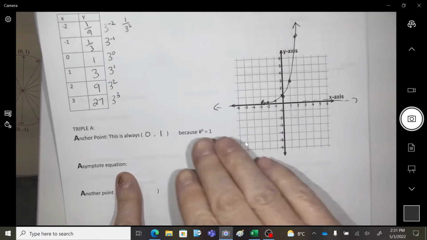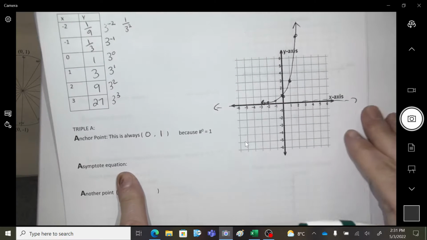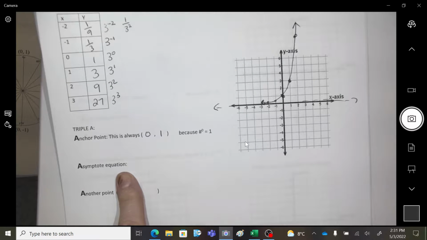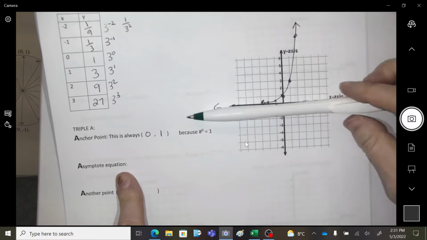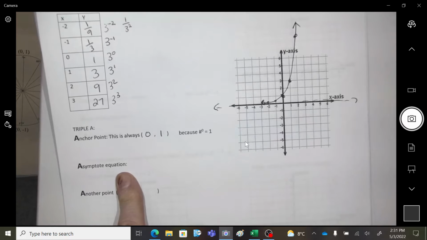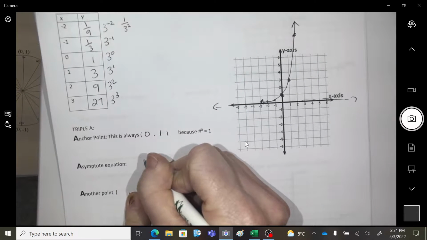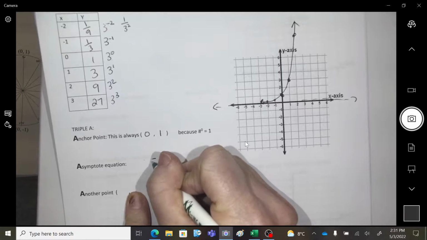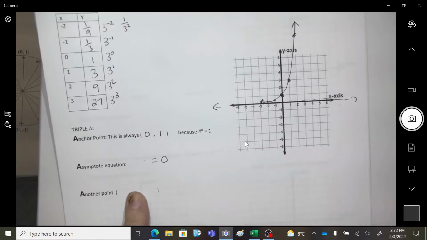Your asymptote, how do we actually write the equation of that flat line? What's the equation of this flat line right here? I'll give you 2 multiple choice questions. Should that line be x equals 0 or y equals 0?